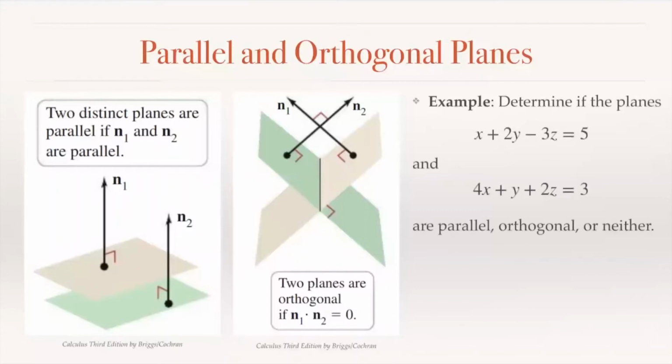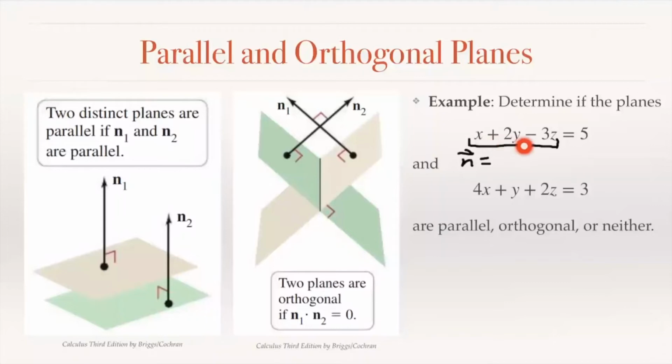So let's do an example. Let's determine if these two planes are parallel, orthogonal, or neither. So for this first plane, we can just look at the coefficients and gather from that the normal vector.